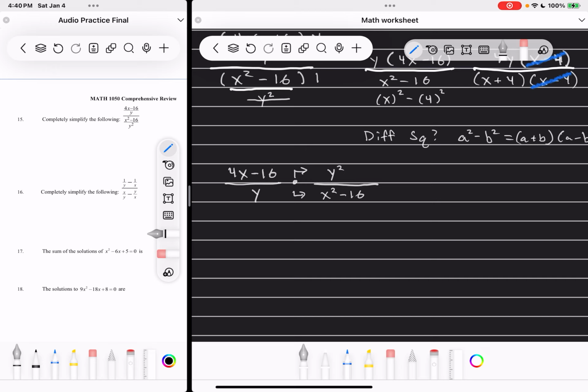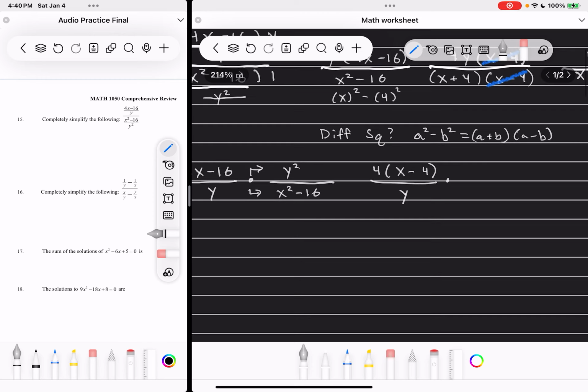So the first fraction will be 4 parentheses x minus 4, apologize, and over y times y squared over x plus 4, x minus 4.